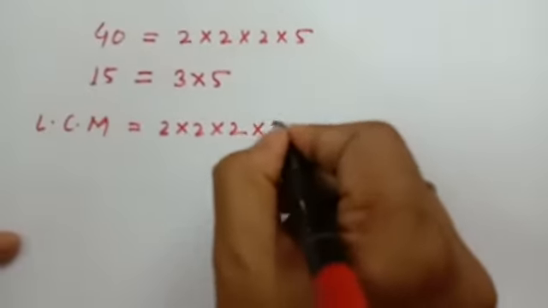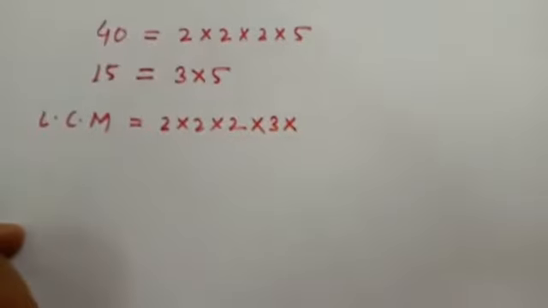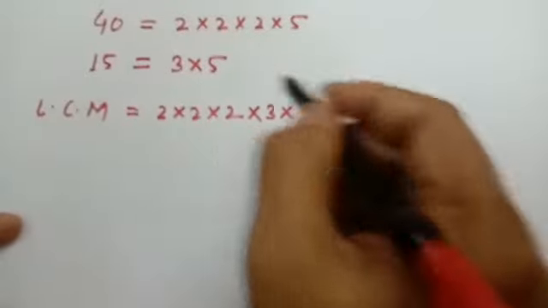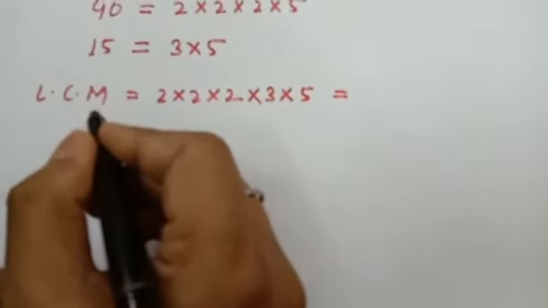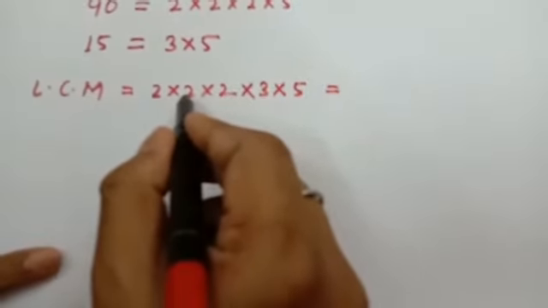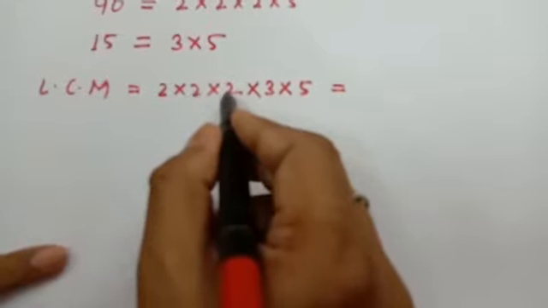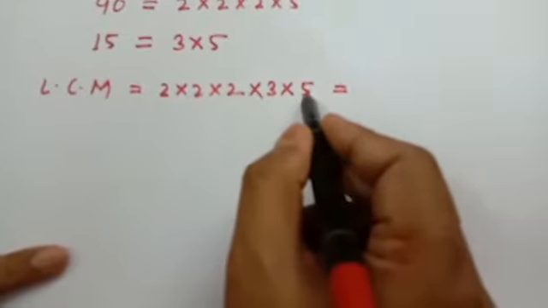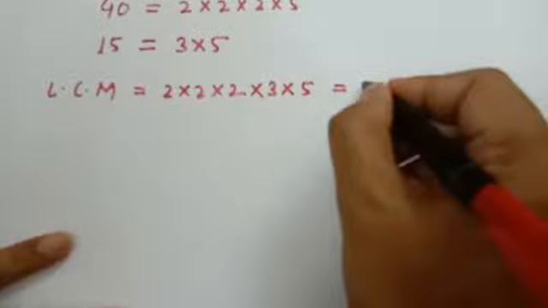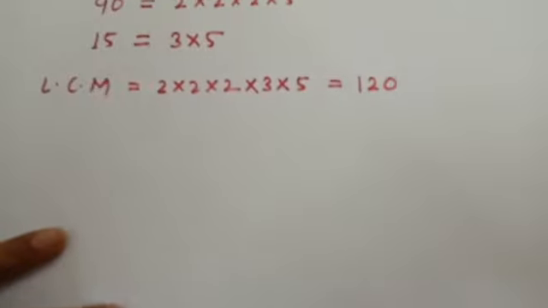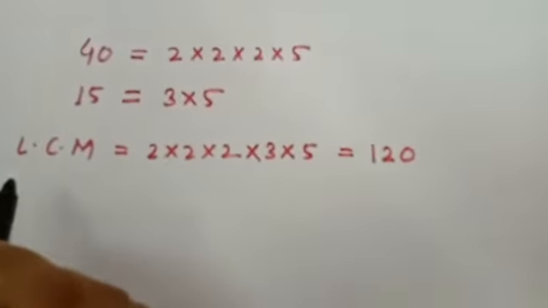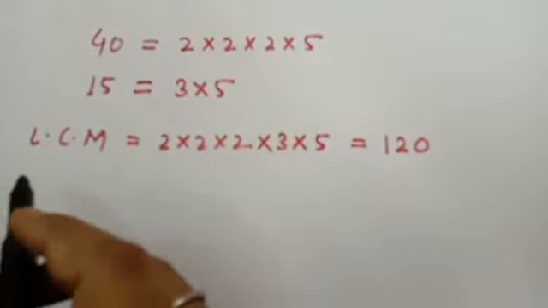So we have to take 3. Then take the larger group of 5. We have only one 5, so take it. Now multiply this. 2 2s are 4, 4 2s are 8, 8 5s are 40, and 40 3s are 120. So the LCM of 40 and 15 is 120.